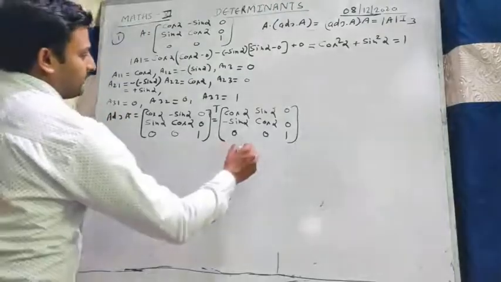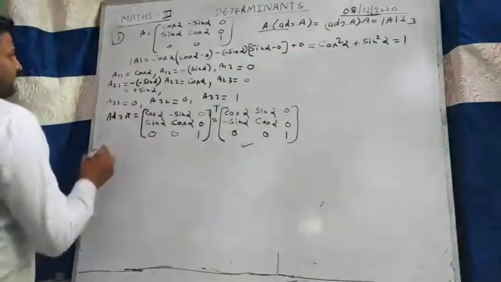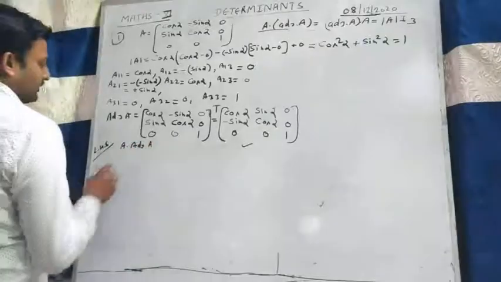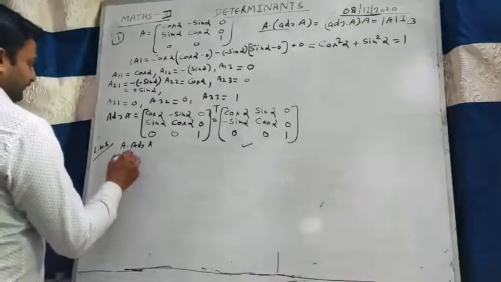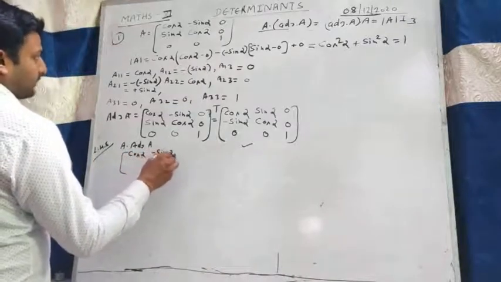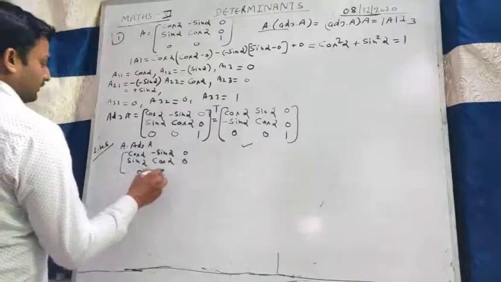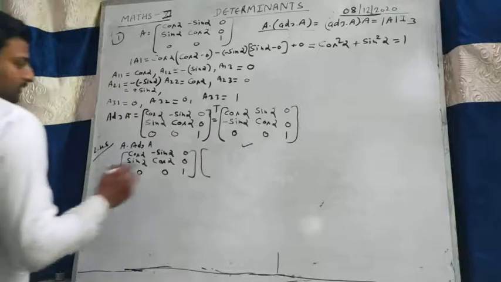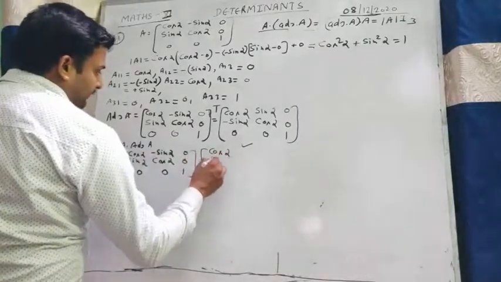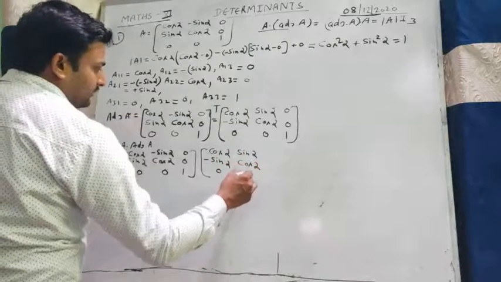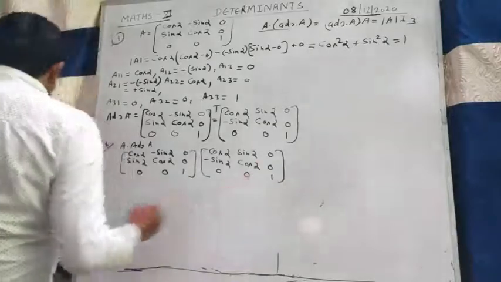Now student, our adjoint of A is this. Now we will find the multiplication of A into adjoint of A. So we will take the left hand side, A into adjoint of A. Okay, so A is cos alpha, sin alpha, 0; sin alpha, cos alpha, 0; 0, 0, 1, and our adjoint of A is cos alpha, minus sin alpha, 0; sin alpha, cos alpha, 0; 0, 0, 1.